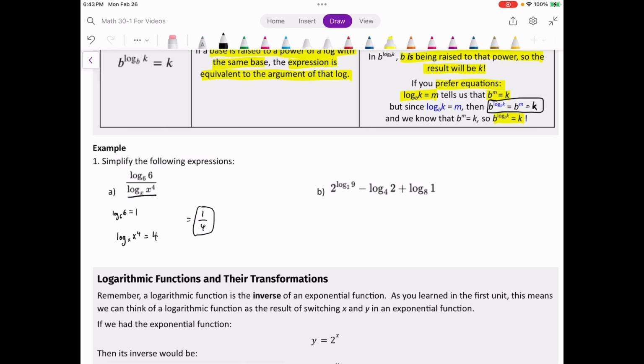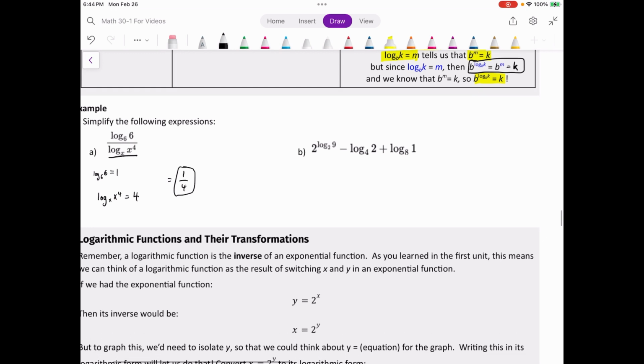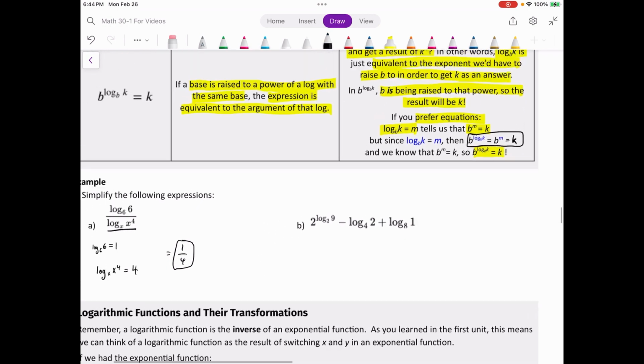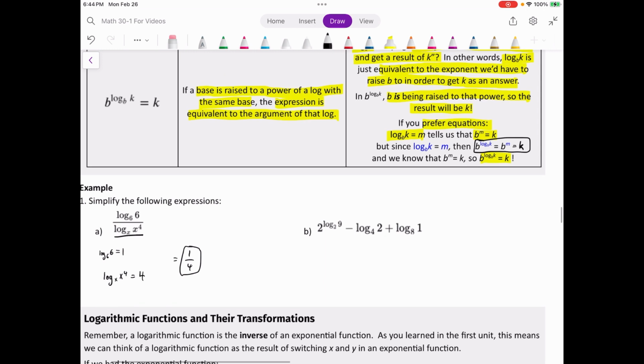Okay, let's try a slightly more involved one here, but not too much more, to be honest. So 2 to the power of log base 2 of 9. That's kind of the one we were just talking about up here, right? We have 2 to a log base 2. So remember, what this is saying is 2 to the power of what would equal 9.